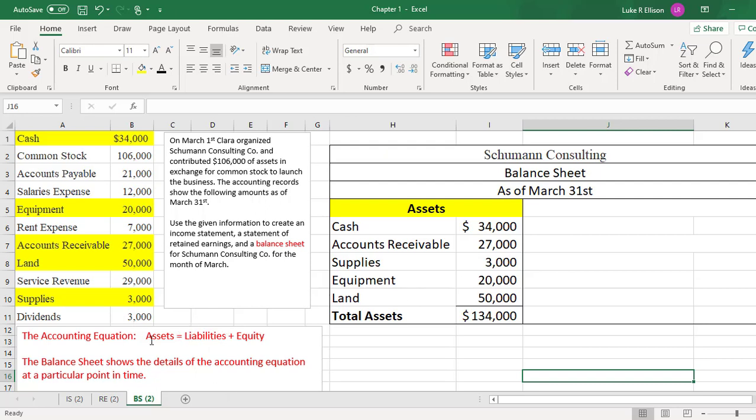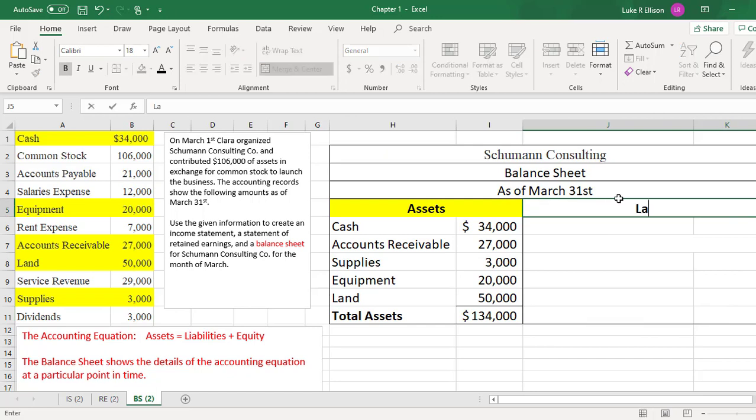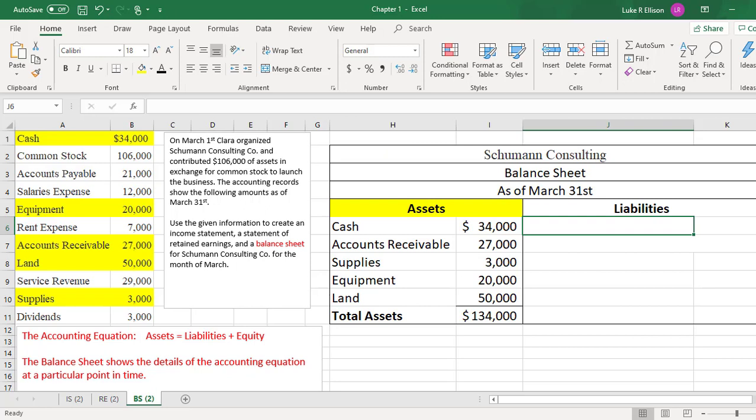Alright, we can move on to the right-hand side of the accounting equation. And just as the accounting equation has left and the right-hand side, oftentimes you'll see in the balance sheets, at least with the simpler version, that the assets go on the left-hand side and the liabilities and equity will go on the right-hand side. So let's put our liabilities here. So we usually think of liabilities as something that the company owes someone else. And usually the key words here are either payables or unearned accounts. So let's highlight this in green here.